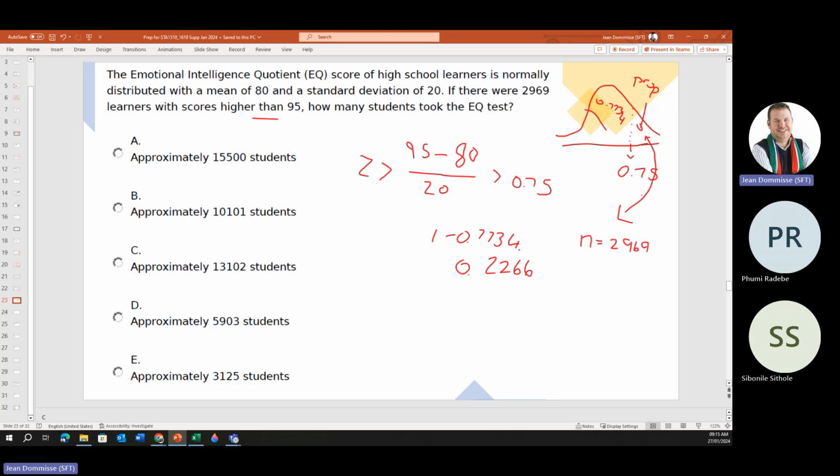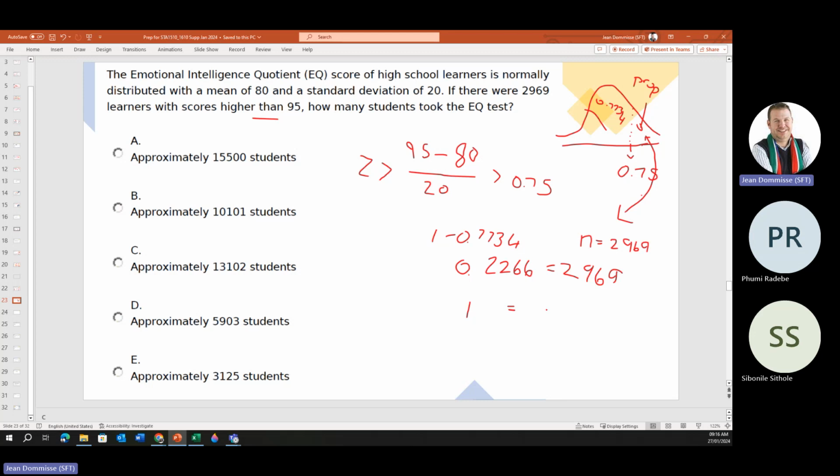Now we need to use a bit of math. If 0.2266 is the probability, and that is equal to 2969, how big is 1?